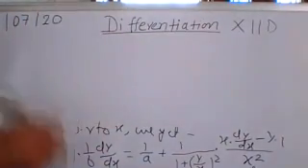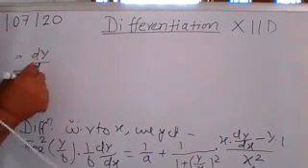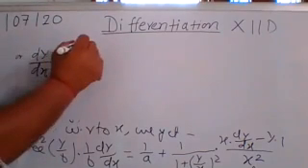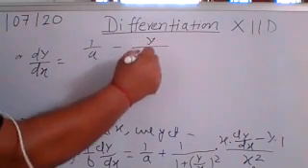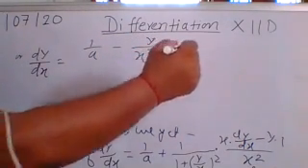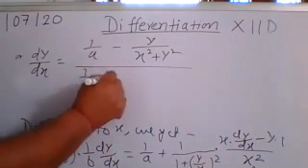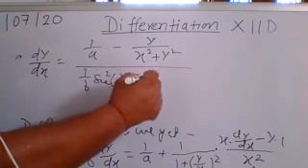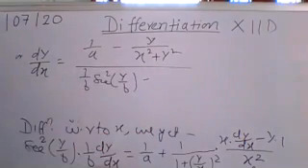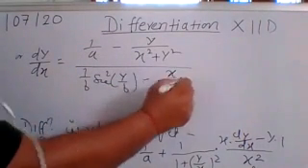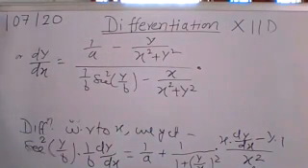The value of dy by dx is equal to 1 upon a minus y upon x square plus y square, and whole divided by 1 by b sec square y by b minus x upon x square plus y square. So that is your final answer. Note it.